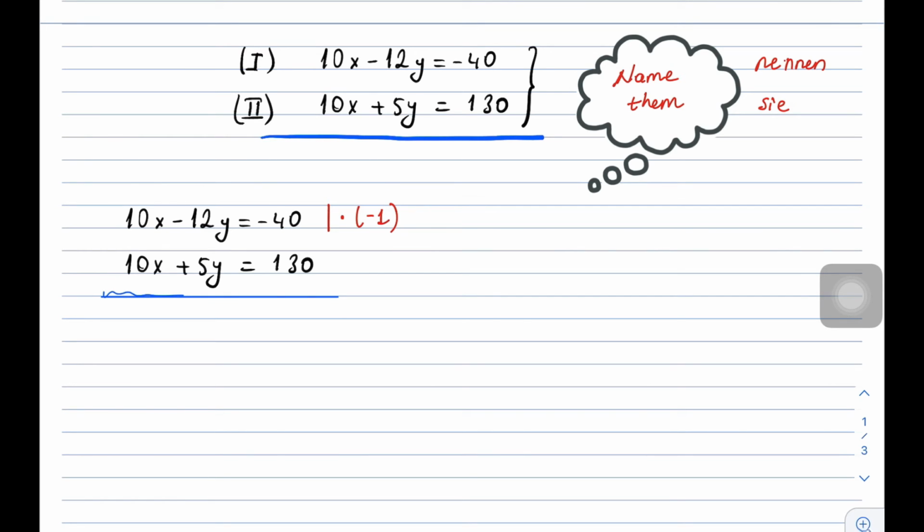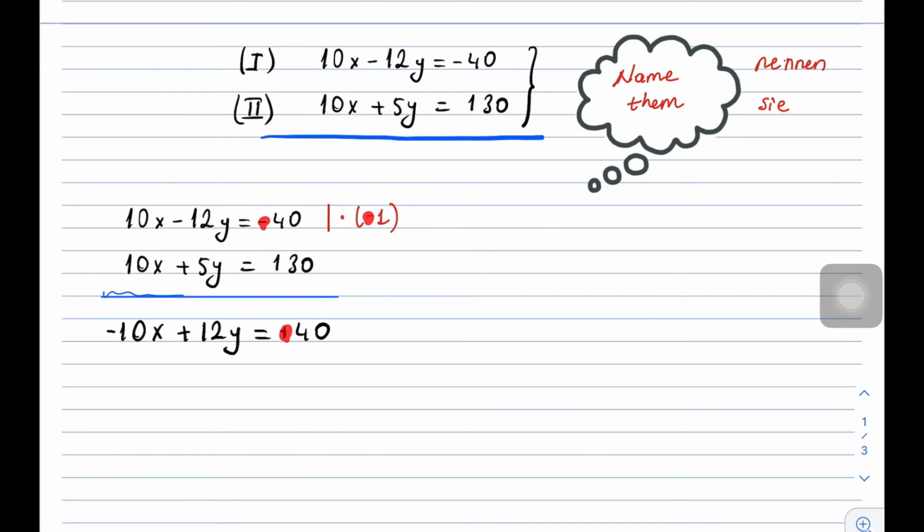When you multiply the first equation by -1, every single term, what's going to be? -1 times 10x is -10x. Positive 12y is equal to positive 40. I do not need to write this positive, it's obvious. Where is this positive coming from?